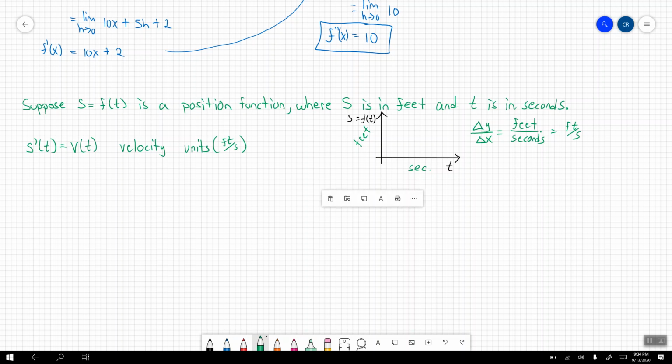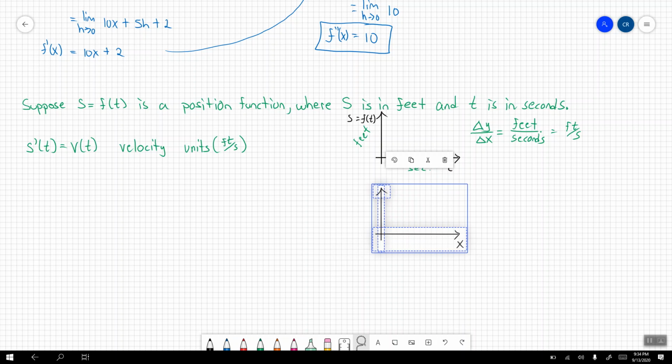Now for the second one, and remember I said I was going to copy that, so here it is. Perfect. So again, I'm going to be using my t as my independent variable, but now my y-axis, or my vertical axis, I'm no longer going to be using this as feet.